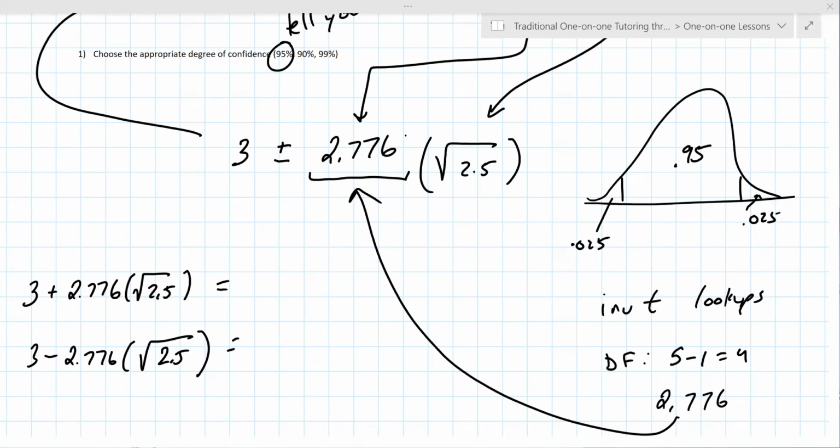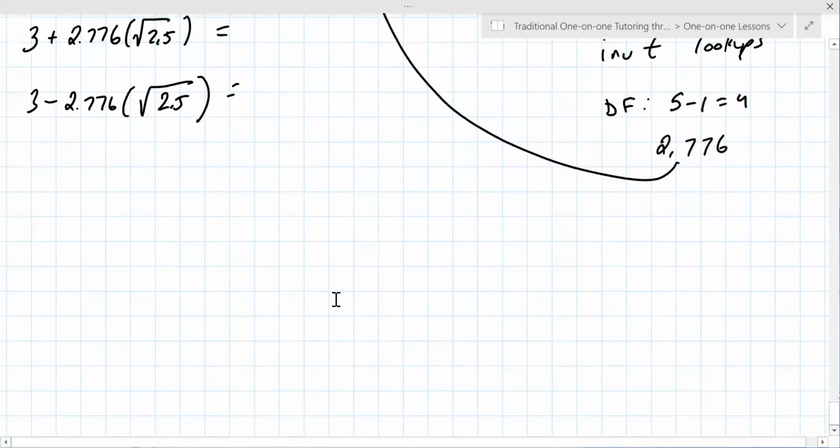Okay, so the last thing that's related to this that generally comes up is they ask a question like, which of the following is the correct interpretation?